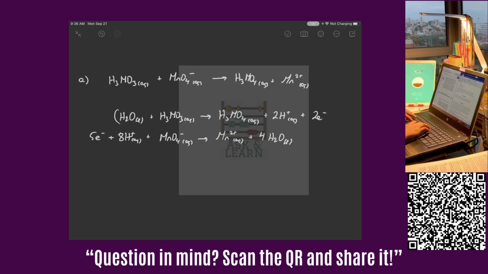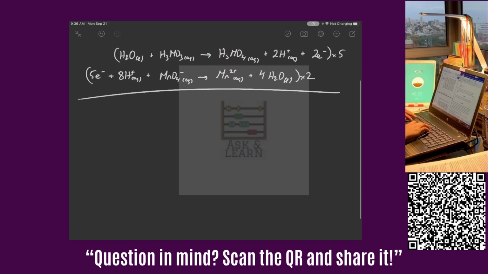Now we need to multiply to cancel out the electrons, times 5 and times 2. Multiply the first half reaction by 5.